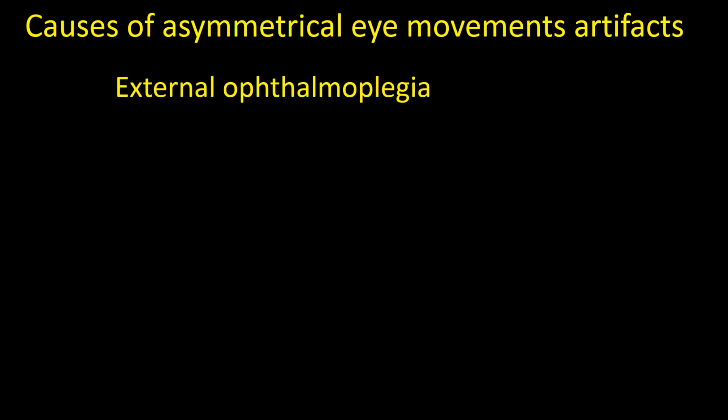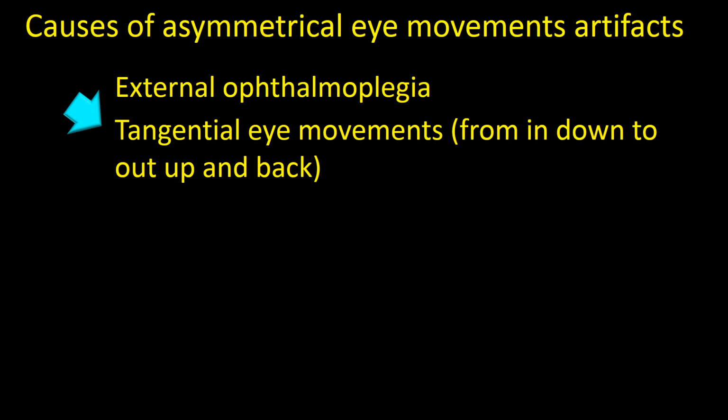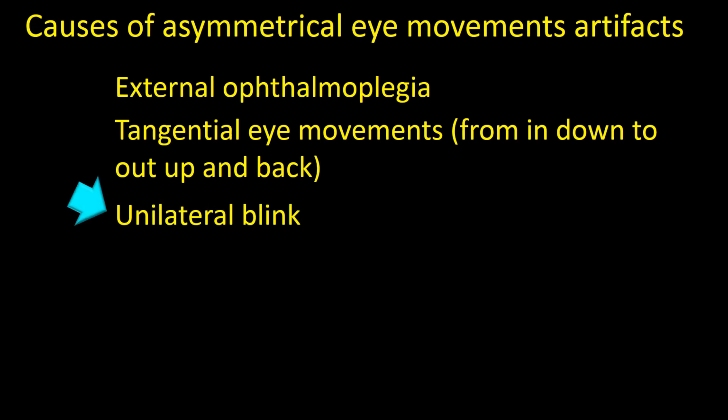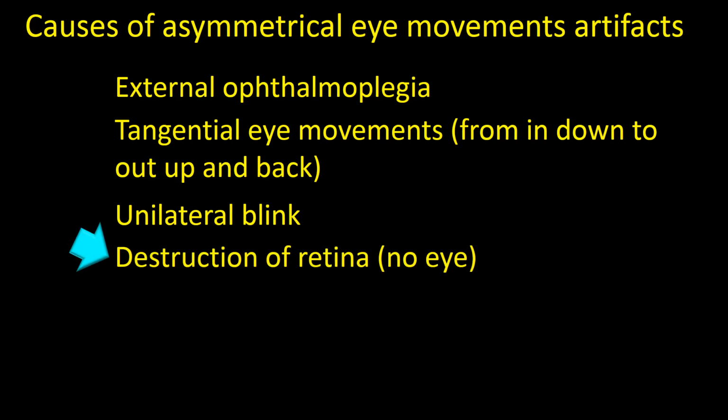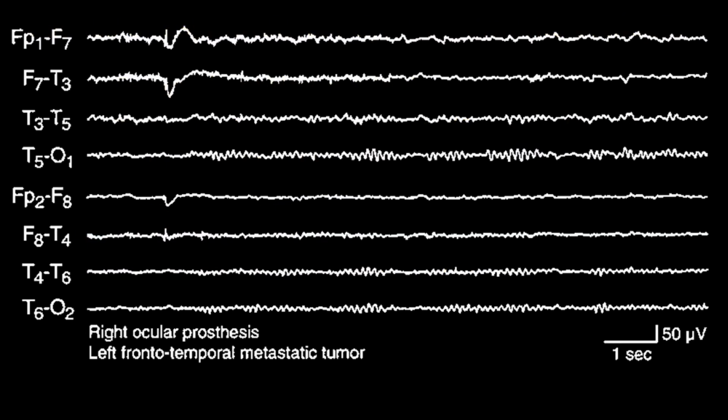Causes of asymmetrical eye movements include external ophthalmoplegia, oblique or tangential eye movements, as in the many examples I showed you before, unilateral blinking, and destruction of the retina. This frame shows you an example of a right ocular prosthesis producing asymmetrical eye movement artifacts.